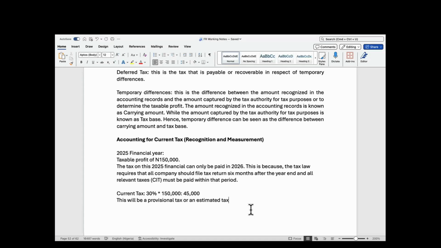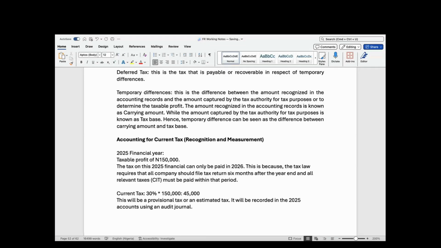This would be a provisional tax or an estimated tax. And it will be captured to be recorded in the 2025 accounts using an audit journal or a journal as it were.